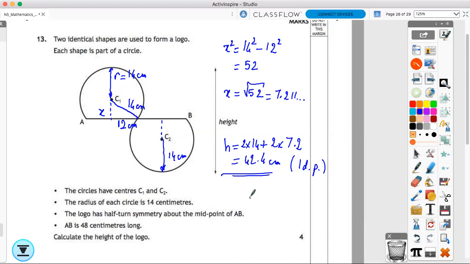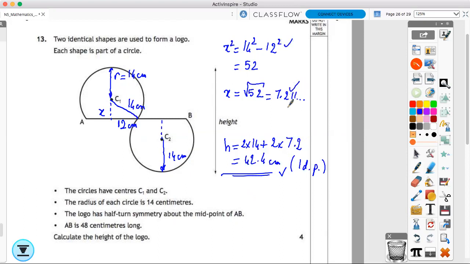It's 42 centimeters. So something that looked quite difficult to start with, we just broke it down by spotting a right angle using Pythagoras and the 4 marks. So this is 1 mark there. This is 7.2 that we need to find as another mark. Pythagoras is another mark.